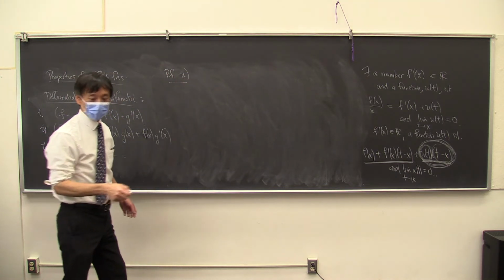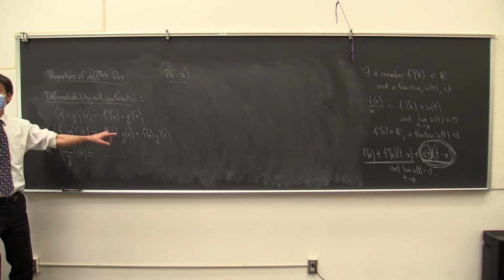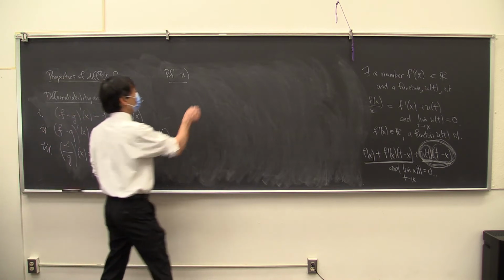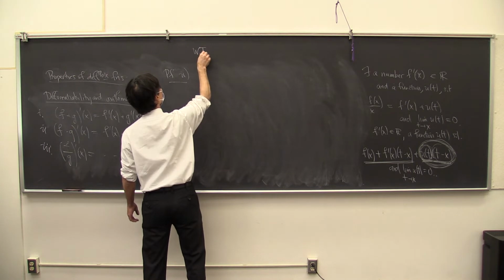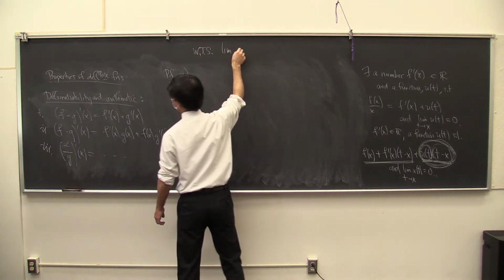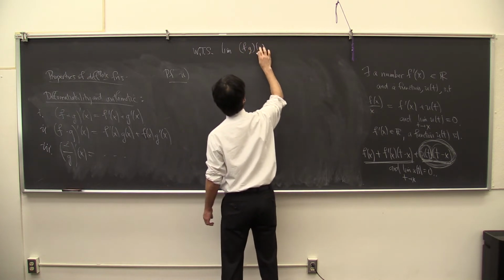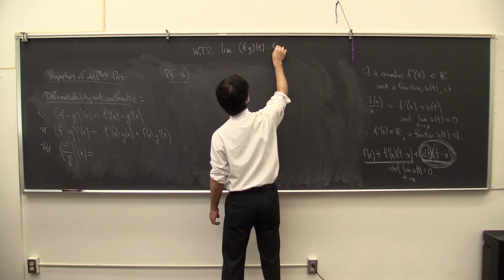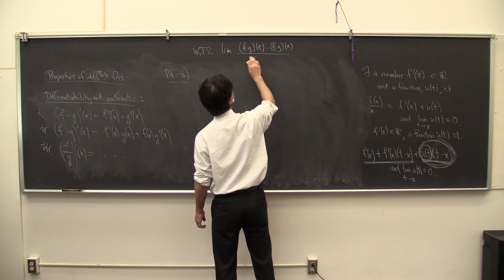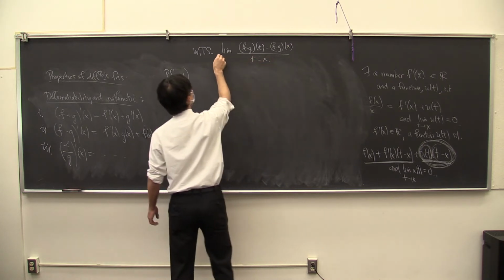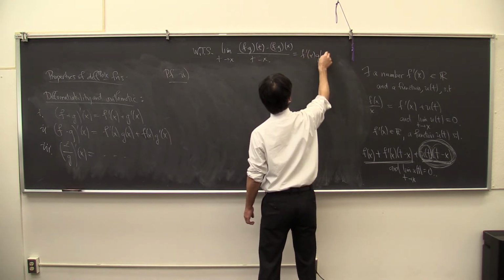Okay, so we want to show that the derivative of the product is this sort of thing. So we want to show that the limit of (f times g)(t) minus (f times g)(x) over t minus x, as t goes to x, equals this sort of thing.